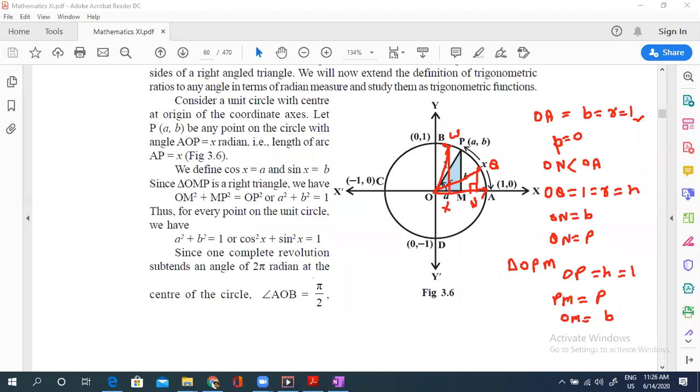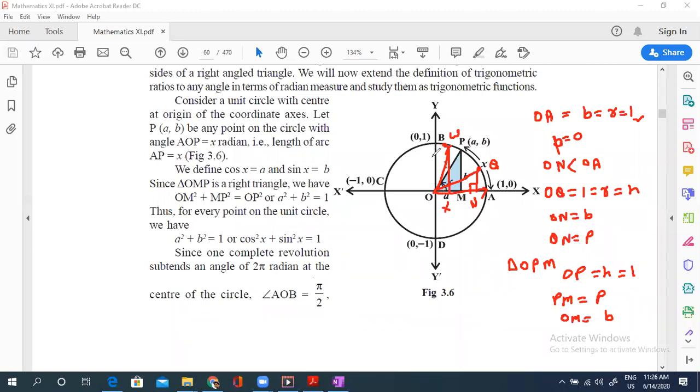Yes, okay. Everyone got this concept? So as we move from 0 degree to 90 degree, because this angle is also changing, when we talk about OA, this is 0 degree. When we talk about OB, it is 90 degree. So the point will move from 0 degree to 90 degree.